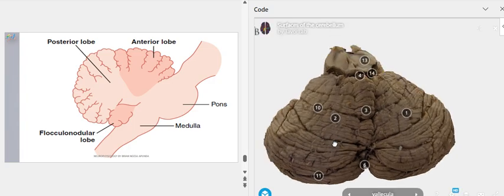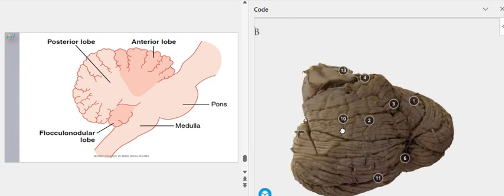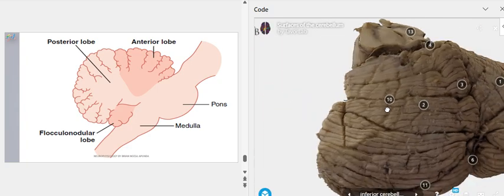So the posterior is further subdivided into two. I hope you can see some fissure that is cutting across the posterior lobe. This is normally regarded as the horizontal fissure.